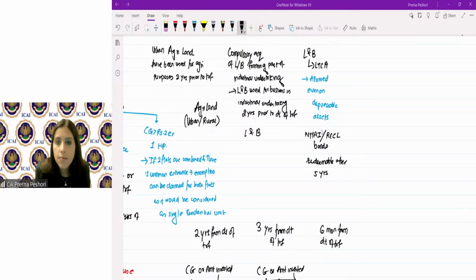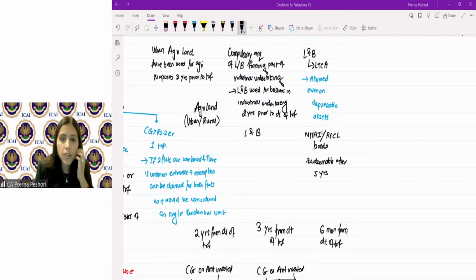Yes, students. So the 6 months for the purpose of investing in bonds has to be reckoned, yes Chitala, from the date when the stock in trade is sold and not from the date when the capital asset is converted into stock in trade.